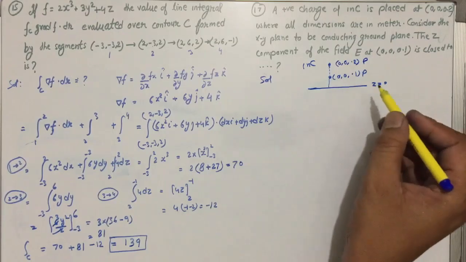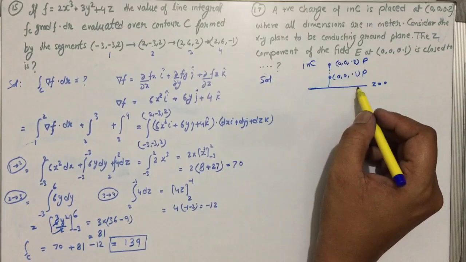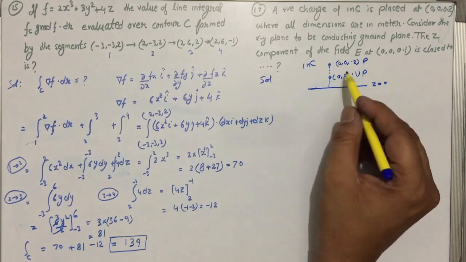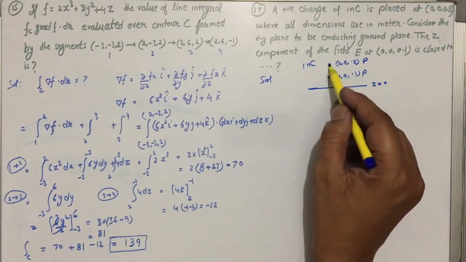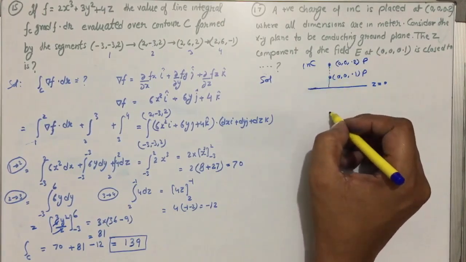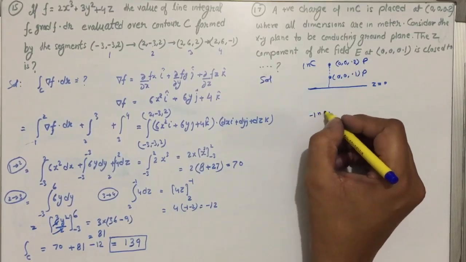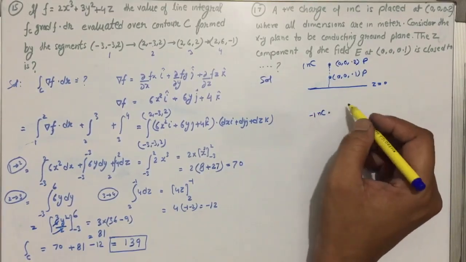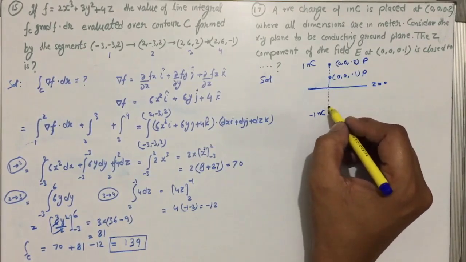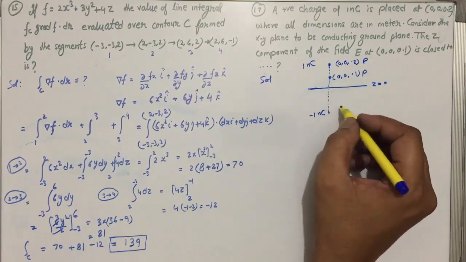In this problem, one important term is included, that is, this is a conducting plane. If the plane is conducting, then a charge of the same value will be induced with opposite polarity at the same distance from the conducting surface in the opposite direction.